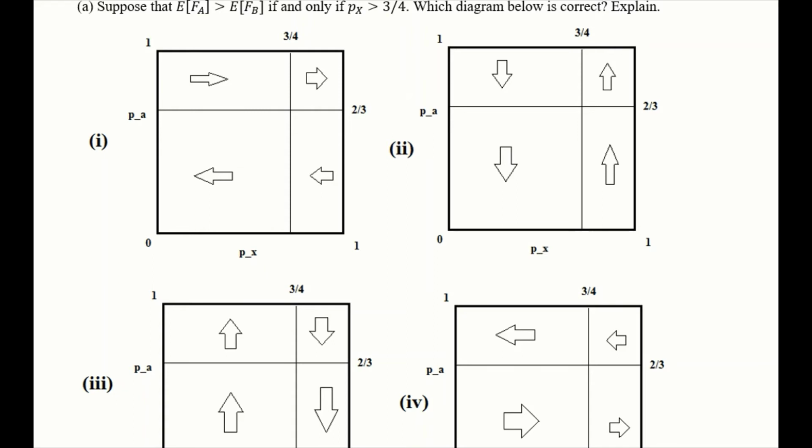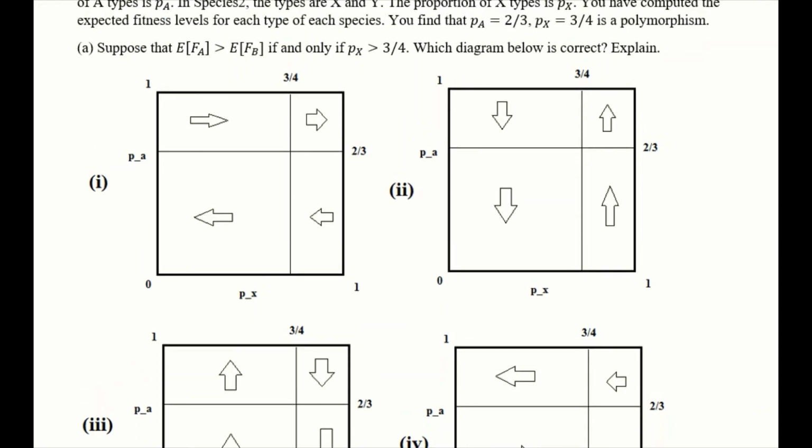I might do something like this where I've drawn some diagrams for you already. You have to pick which one is appropriate. But it's still good to be able to draw the diagrams on your own to do some of the analysis. In part C, you'll be drawing a diagram on your own to answer the question, though of course I can't make you draw it online, but it will help you with the reasoning to find the right answer.